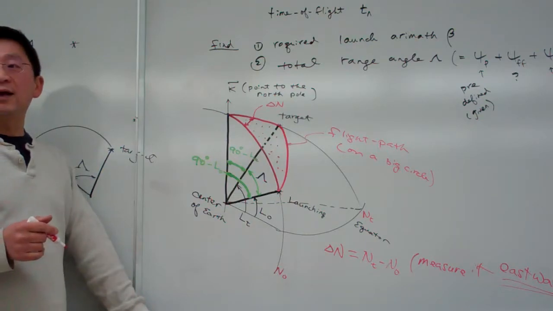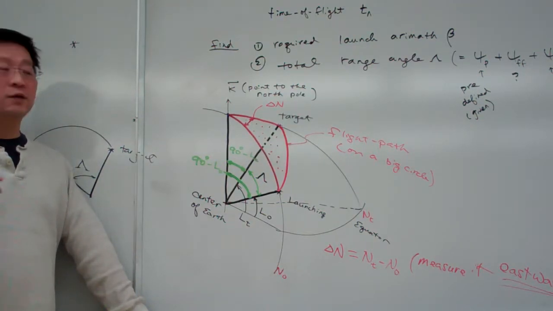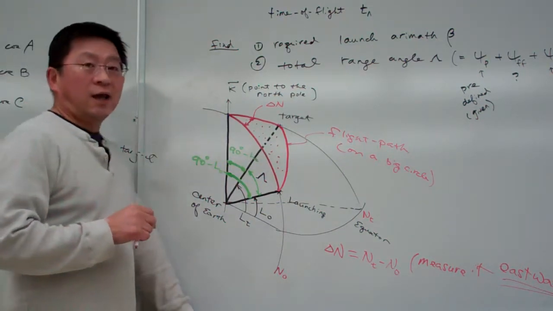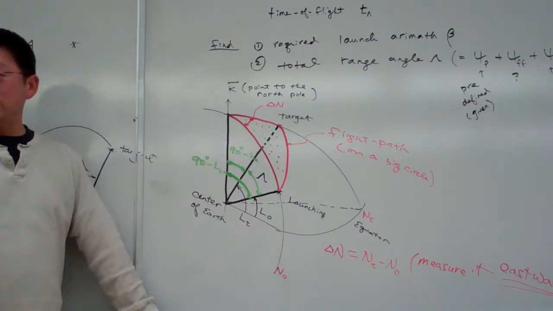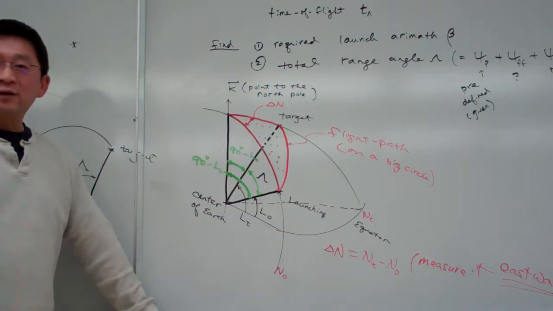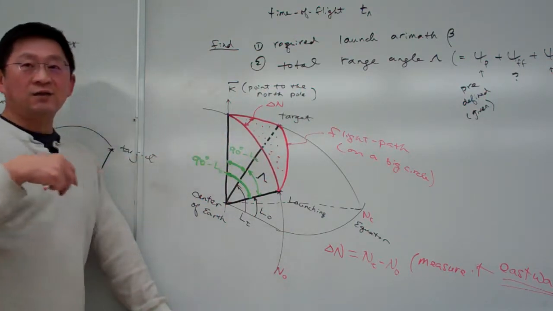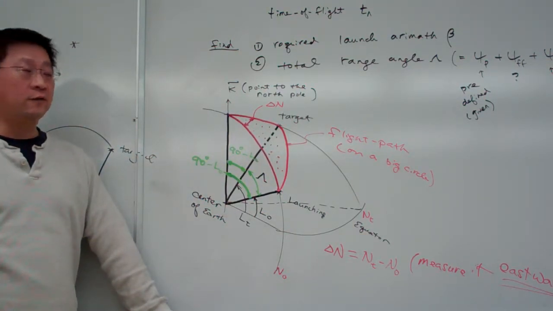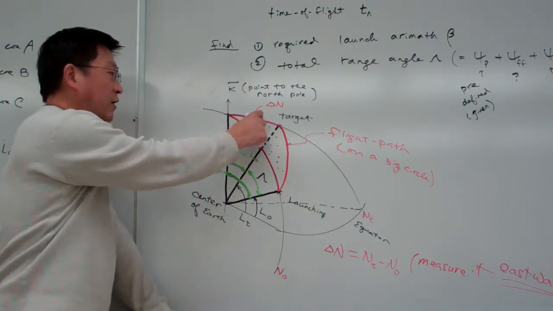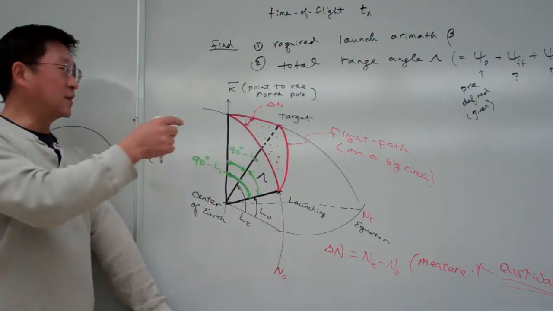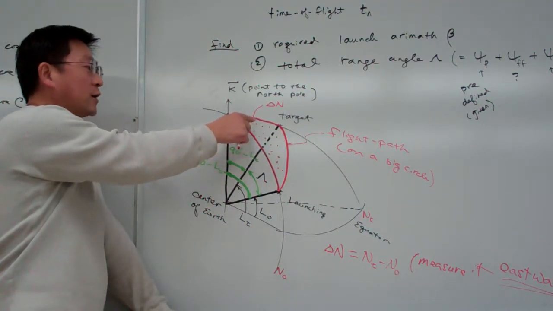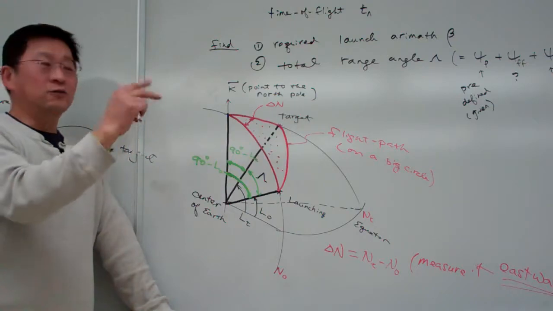But again, here if we want to consider rotation of the Earth, during the time of flight the Earth is also rotating. Due to the Earth's rotation, say over 50 minutes, this angle will be a little bit larger, because the target has been dragged along the surface due to Earth's rotation.